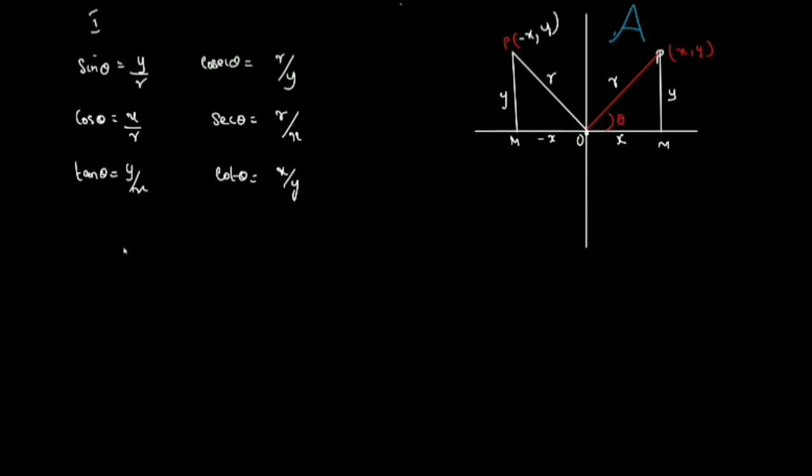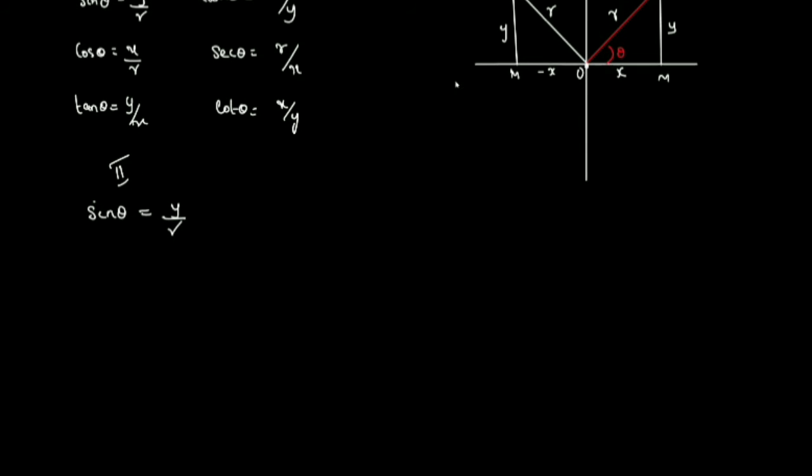Now in the second quadrant, tell me what is sine theta. Sine theta is y by r, correct? Opposite side by hypotenuse. What will be cos theta? Adjacent side, it is negative. Magnitude is positive, but the sign is negative. So minus x by r.